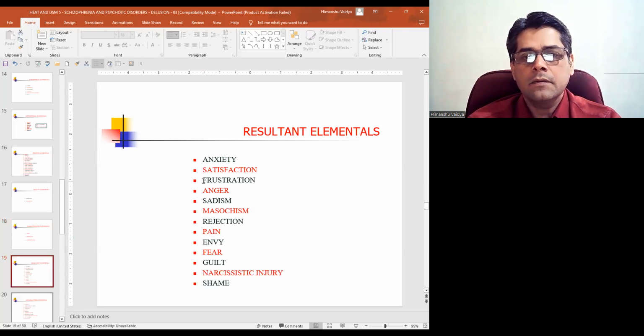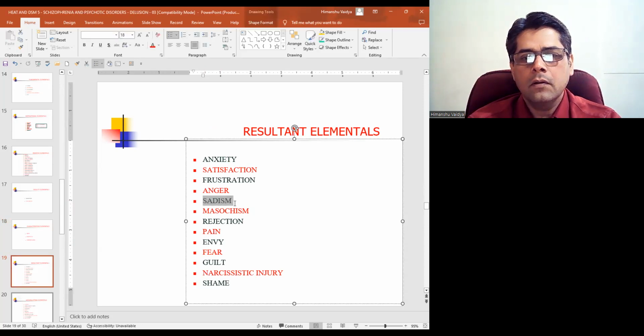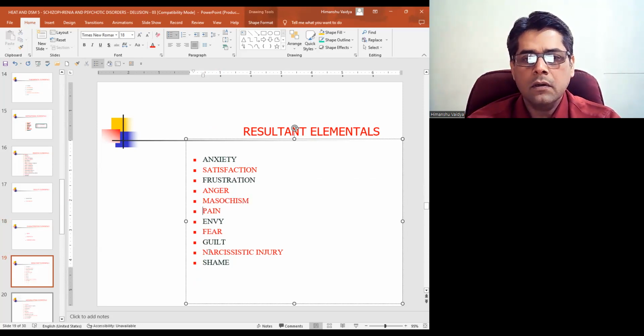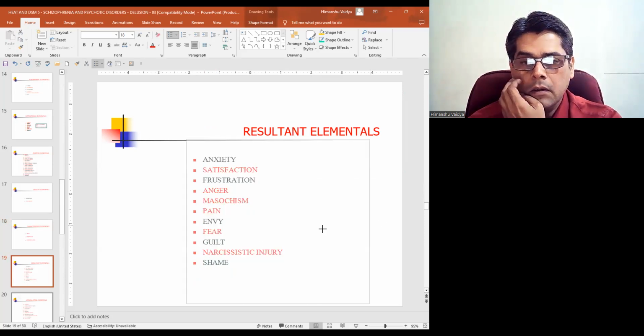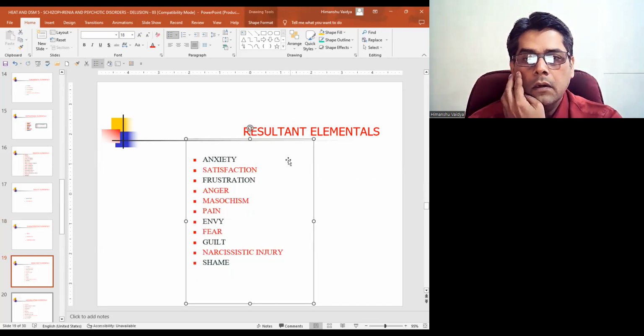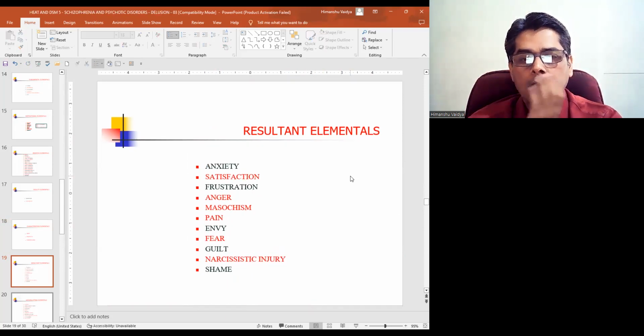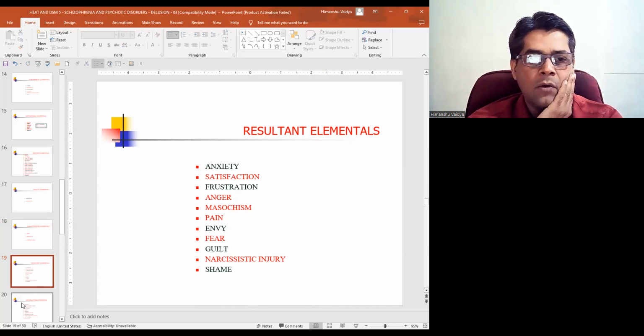Resultant elementals. You can remove what is not relevant. Rest of them have to be explored.